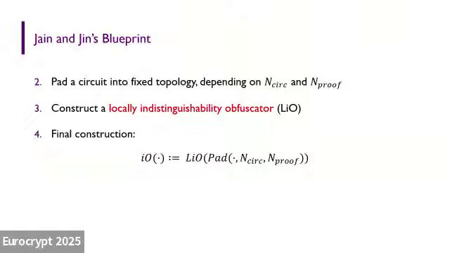Third, they construct a LIO. Finally, by a simple hybrid argument with respect to the aforementioned polynomial length sequence of O-log equivalent circuits, we can prove that the LIO of the padded circuit is a generic obfuscator.